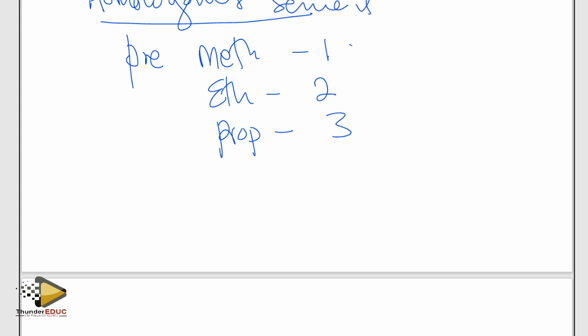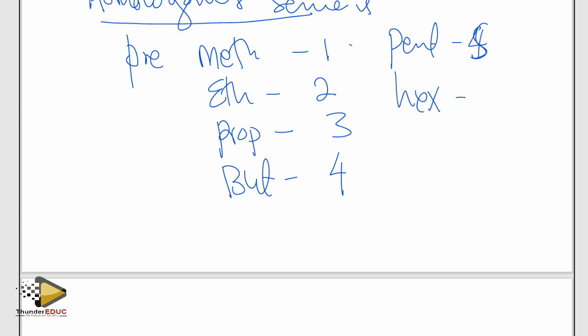But means four carbon atoms. Pent means five, hex means six, hept means seven, and oct means eight carbon atoms. Based on our level, those are the eight you're supposed to deal with.